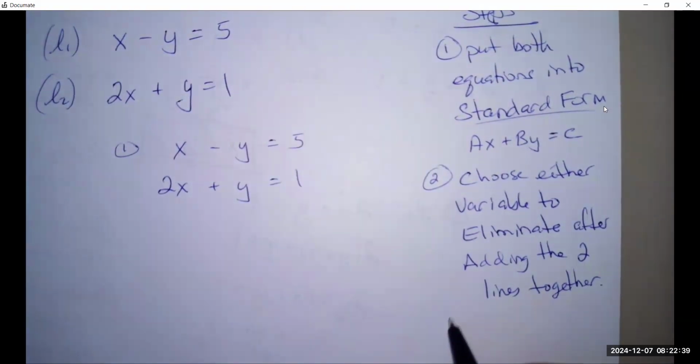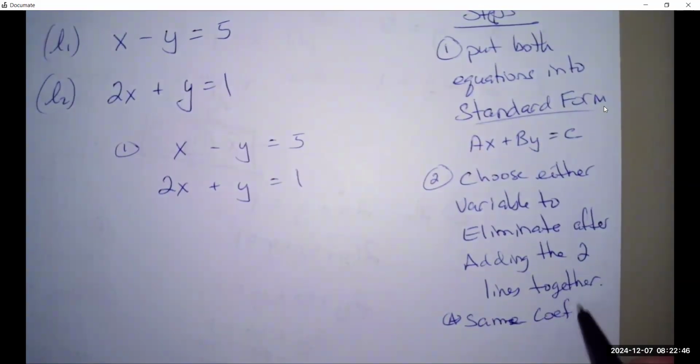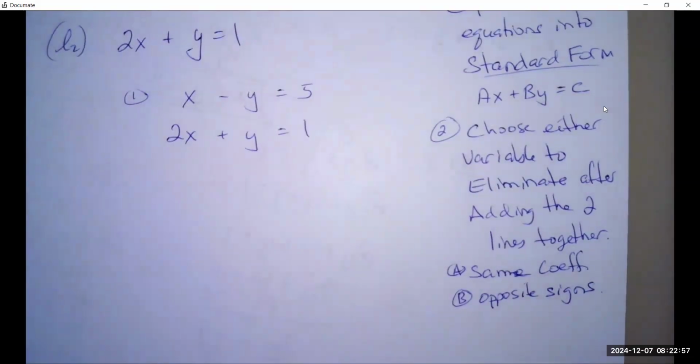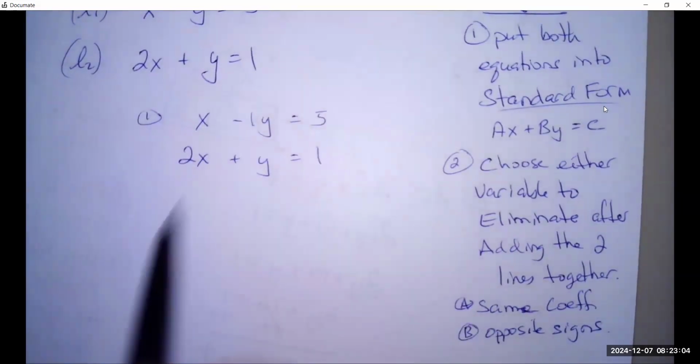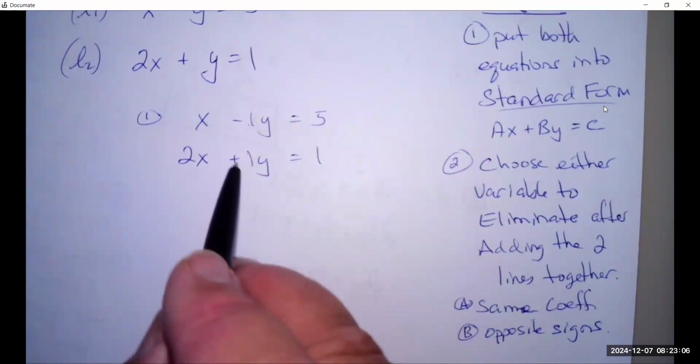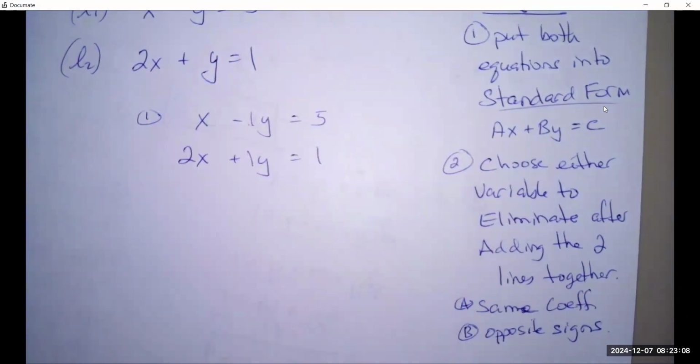Now what we need to have here, they have to have the same coefficient, but they have to be opposite in sign. For example, here, we see that this has a negative one and this one has a positive one. The same number, different signs. We could just use that one, but that's too easy.